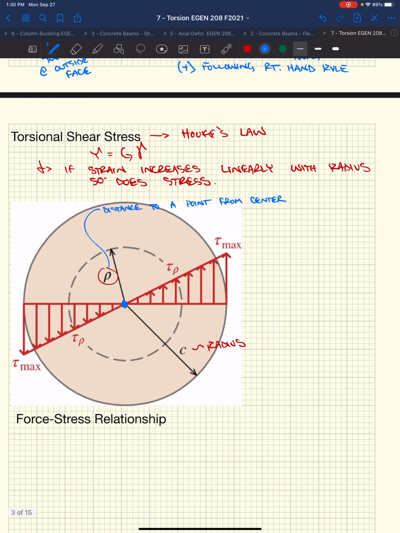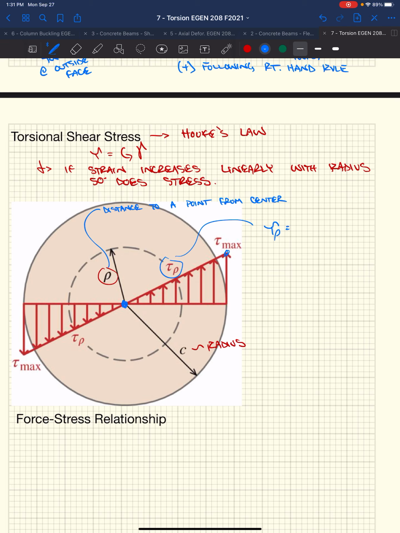If we look at what's going on here, knowing that we've got the maximum shear stress on the outside of the shaft and 0 at the inside of the shaft, right? If I wanted to know what the shear stress was at any given point from the origin out to the outside of the shaft, knowing that strain varies linearly from the center to the outside, then that means the shear stress varies linearly.